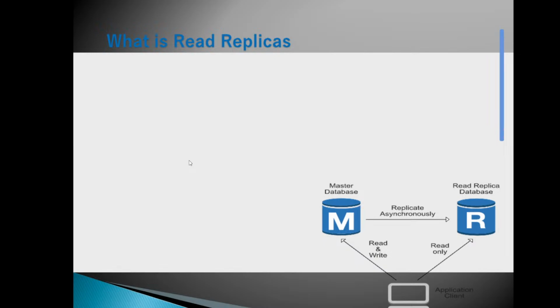Either you can upgrade your system to a higher version, but sometimes it will not help you out, and upgrading the system will sometimes not increase the performance. In that case, the most effective way is to add a new additional system which will distribute the workload of your primary machine. That is called read replica.